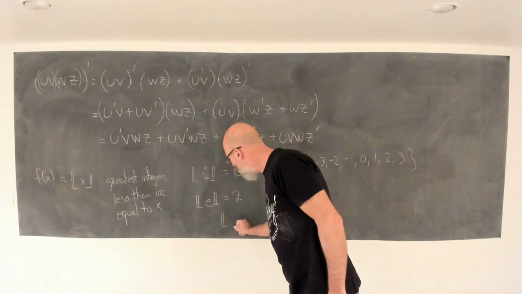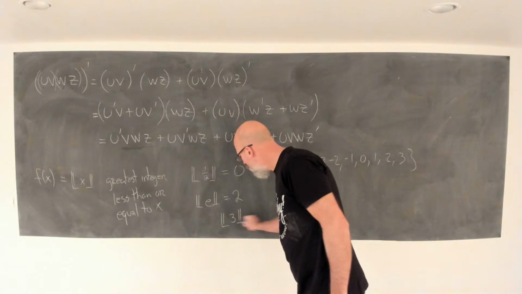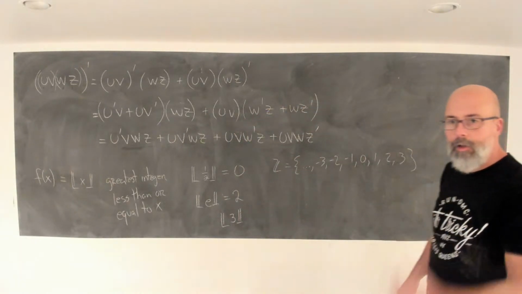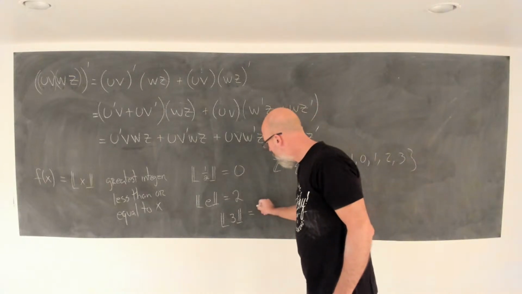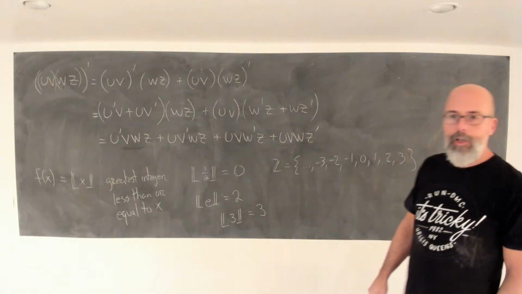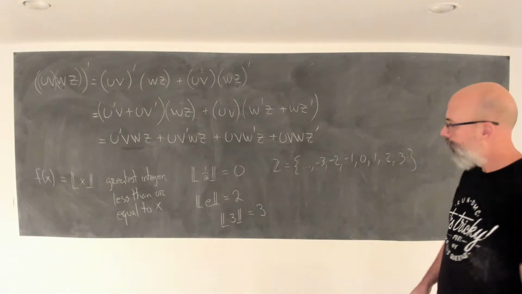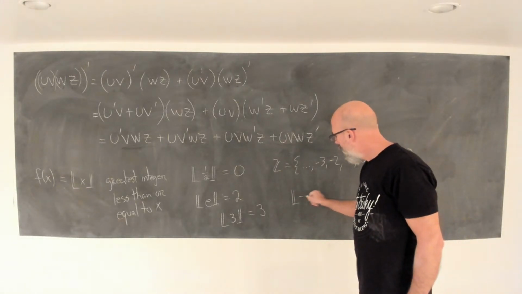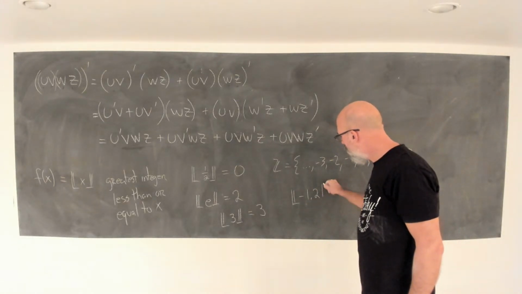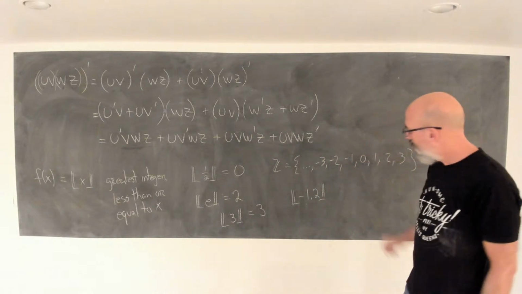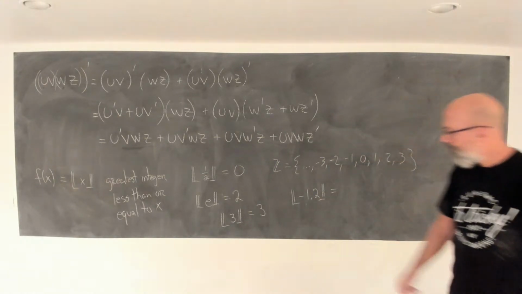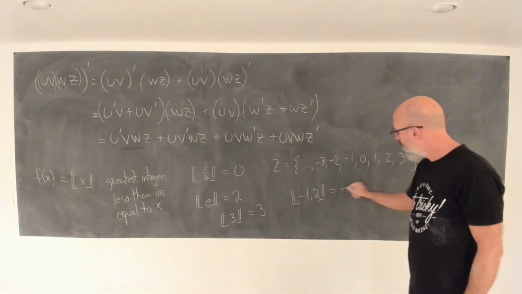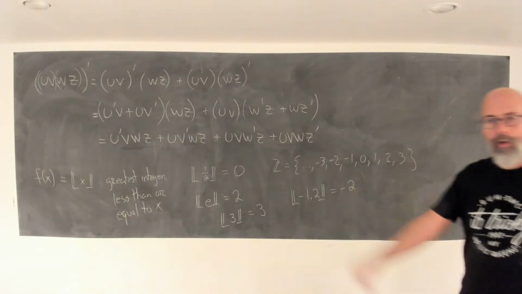Greatest integer less than or equal to 3. Well, that's 3 itself, because 3 is an integer. Minus 1.2. Minus 2. And so on and so on.